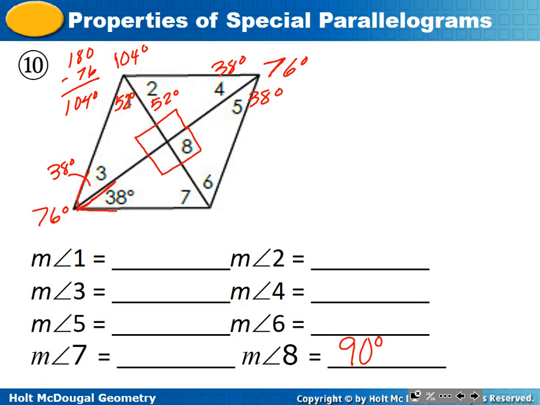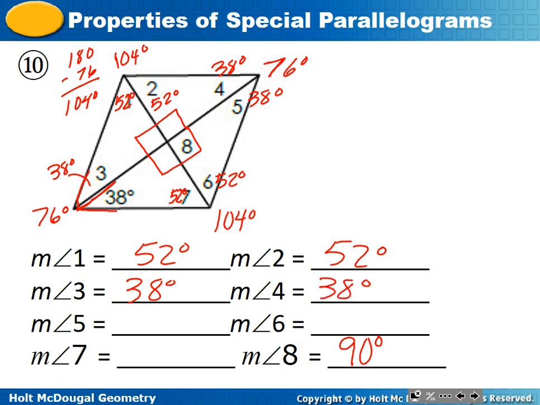Once again, opposite angles are congruent in a parallelogram, and it's being bisected, so we got 52 here and 52 here. So now that we've finished our drawing, we can just go ahead and write the values in. So angle 1 was 52, angle 2 was 52, angle 3 was 38, angle 4 was 38, angle 5 was 38, angle 6 was 52, and angle 7 was 52.